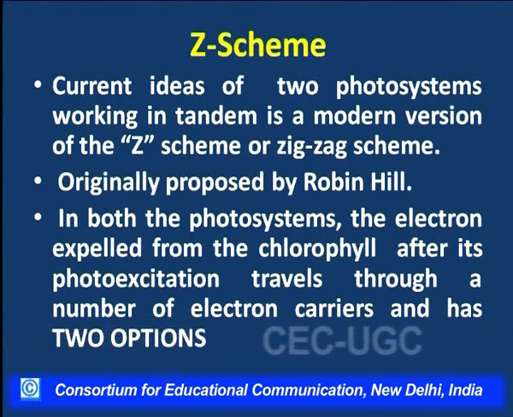The current work has been pioneered on the modern aspects by Professor Govindjee, and the latest scheme we will discuss in detail in one of our next lectures, as to what the different options are when PS2 loses its electron, whether it would ever come back or whether it would never come back. Both these stages constitute what we call the cyclic and the non-cyclic transfer of electrons, which would have their own implications.